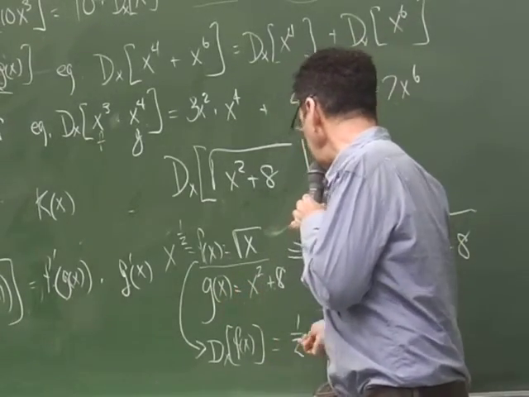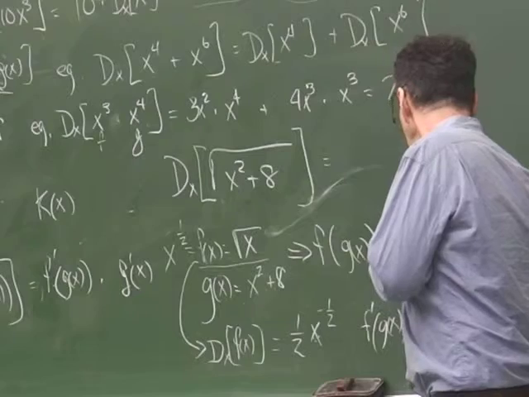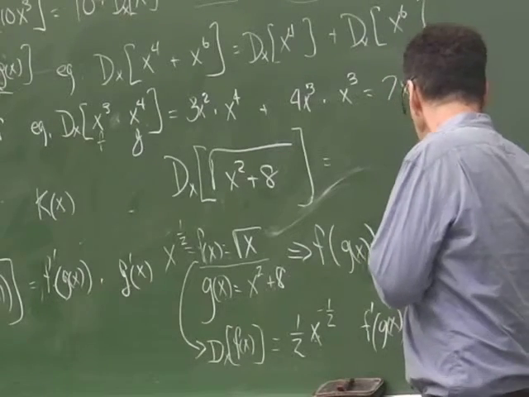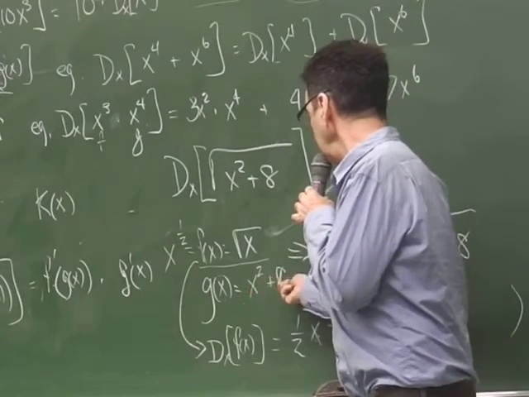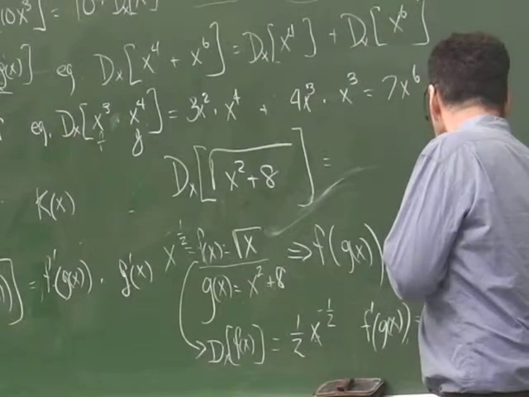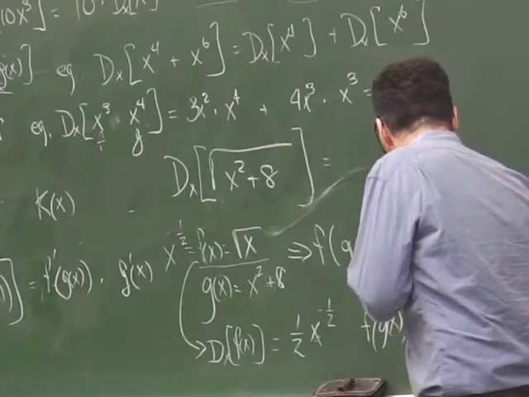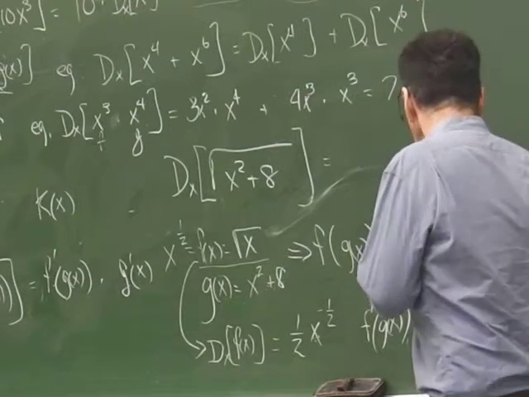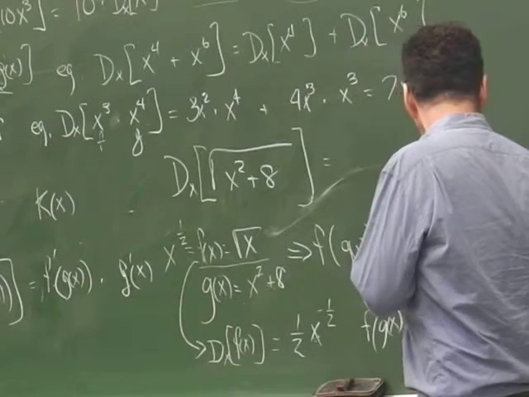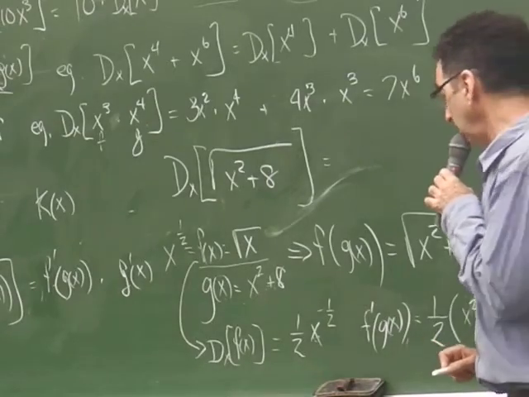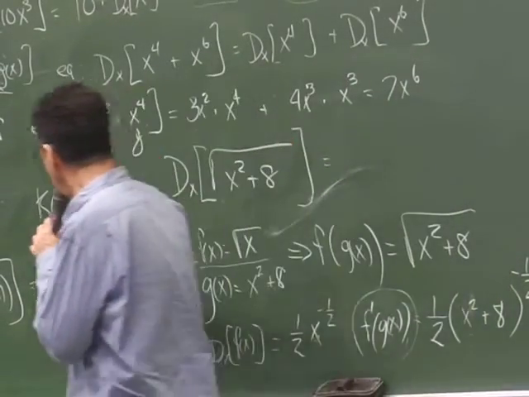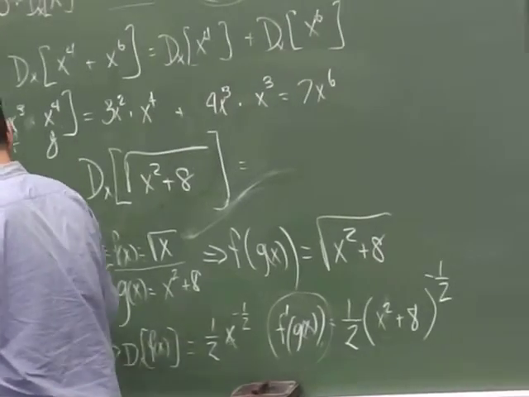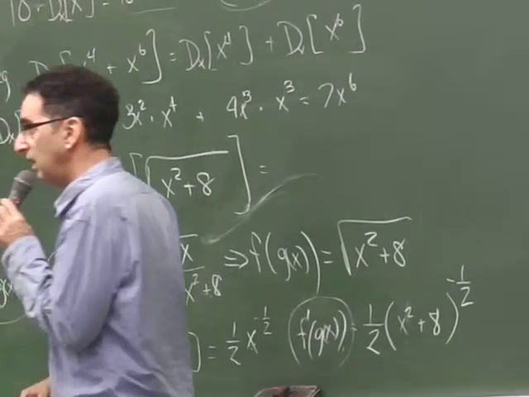So I have to put that in here for x. So I get 1/2. Instead of x, I have to put what again? x squared plus 8 to the negative 1/2 power. Okay, so that's this part. So I'm almost finished, I just have to do that part.